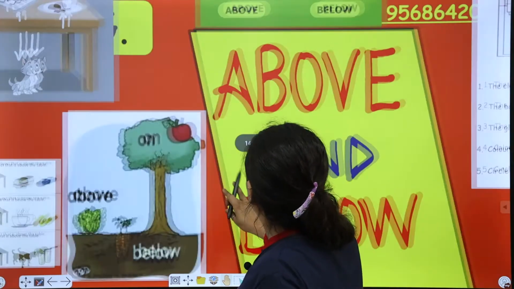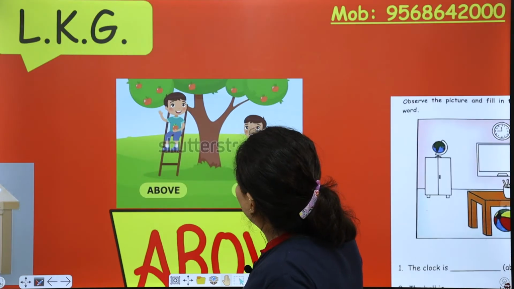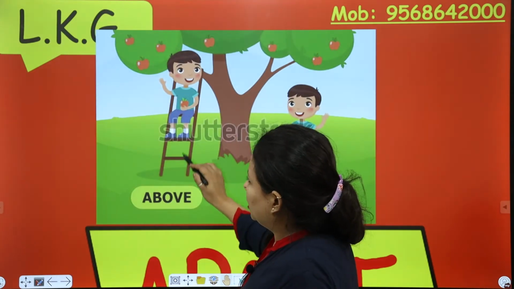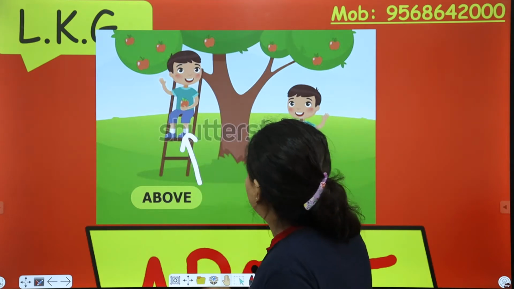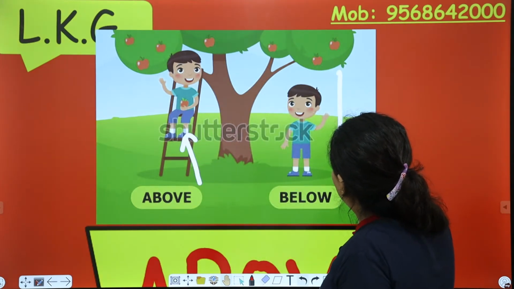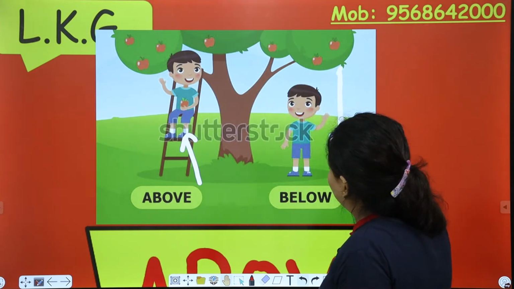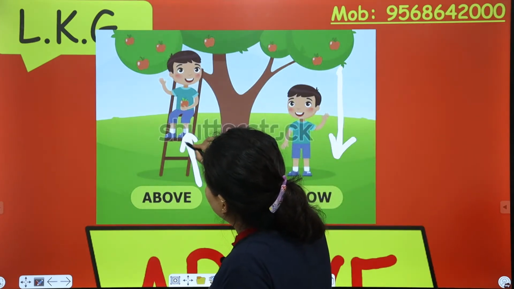Okay, now next one is here are two boys. So he is above the ladder and he is below the tree. He is below the tree and he is above the ladder.